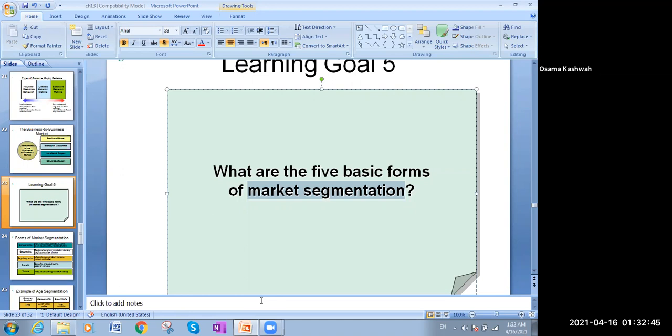Let me give an example for the segmentation. I will choose the northeast part of Egypt. Then I will do a marketing mix for this area. This area has very poor people, and they don't like to buy too much because they don't have money power.